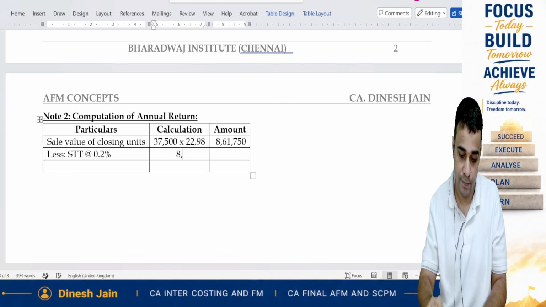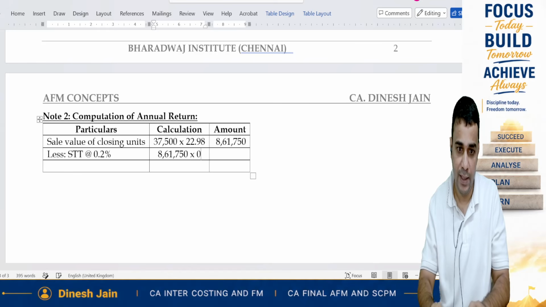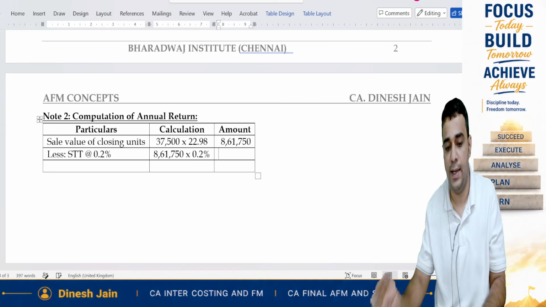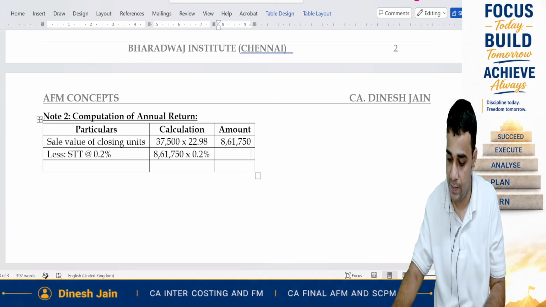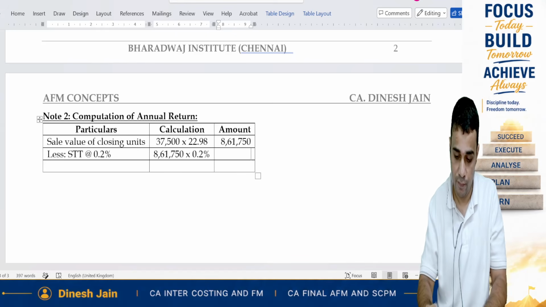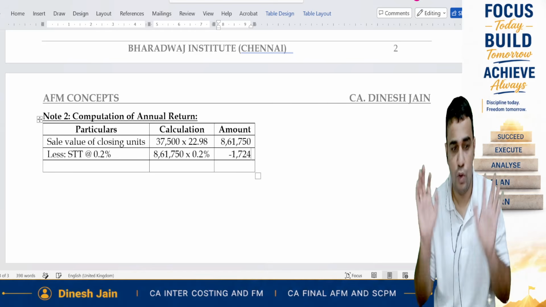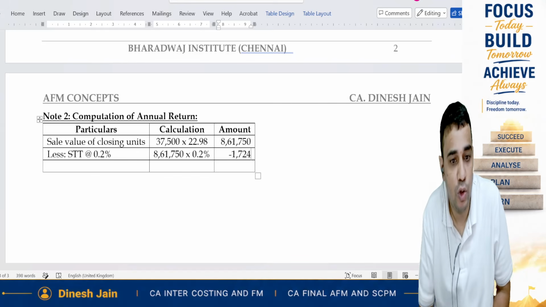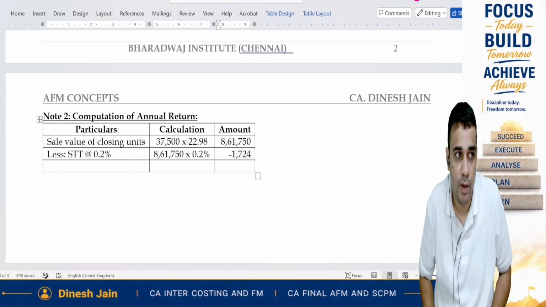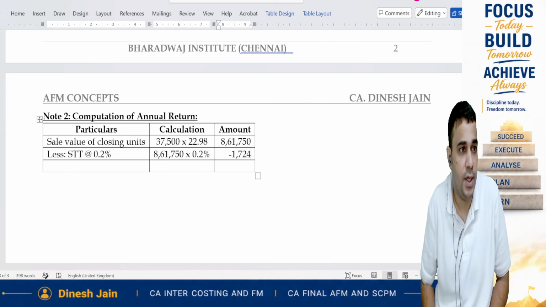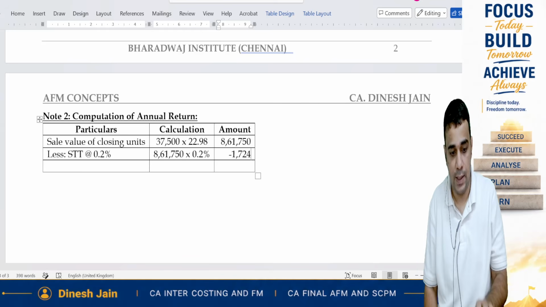What percentage? Multiply, give me the value without any decimal because the amount is big. 1724. 0.2% less.